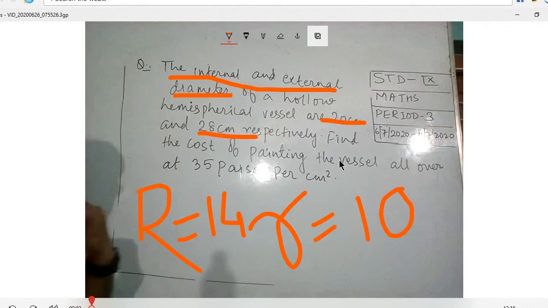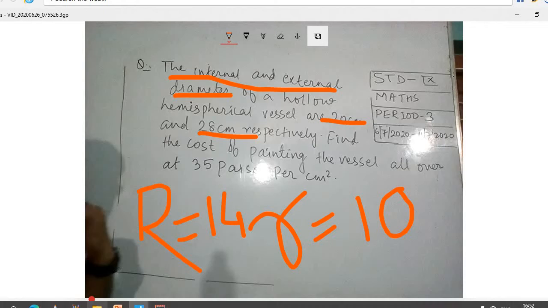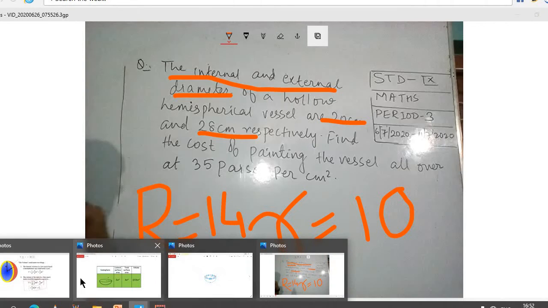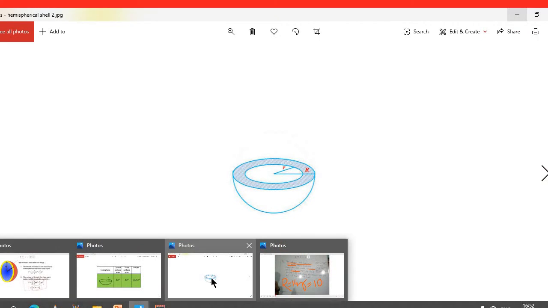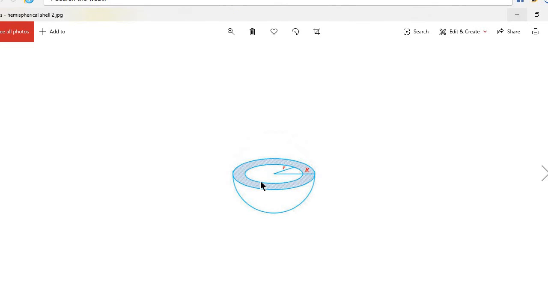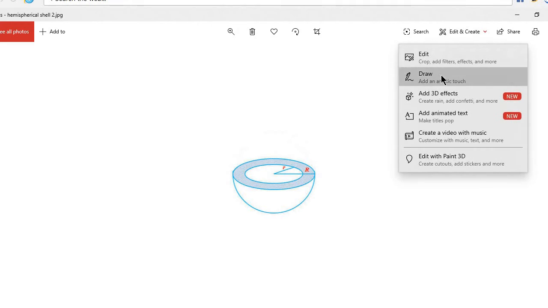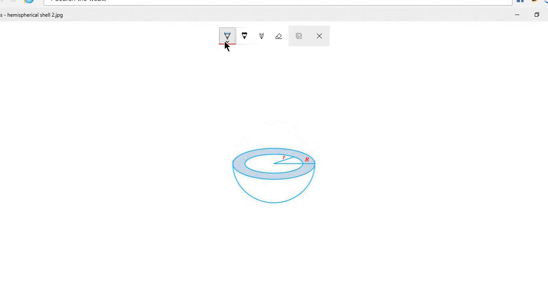Now what do we have to find? We have to find the cost of painting the vessel all over at 35 paise per meter square. This is the hemispherical shell. Then what do I have to paint? Actually I have to paint this part, plus I have to paint this part also.